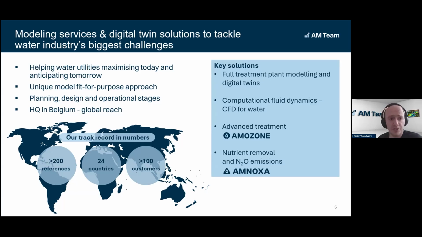The key solutions we typically apply are full treatment plant modeling, as well on the drinking water side as on the wastewater treatment side, including digital twins.